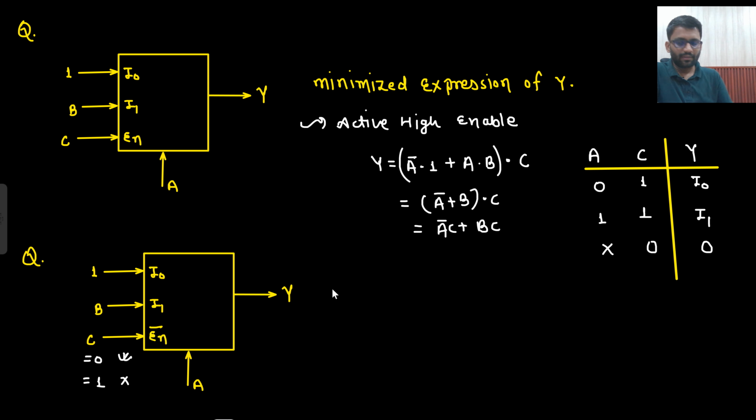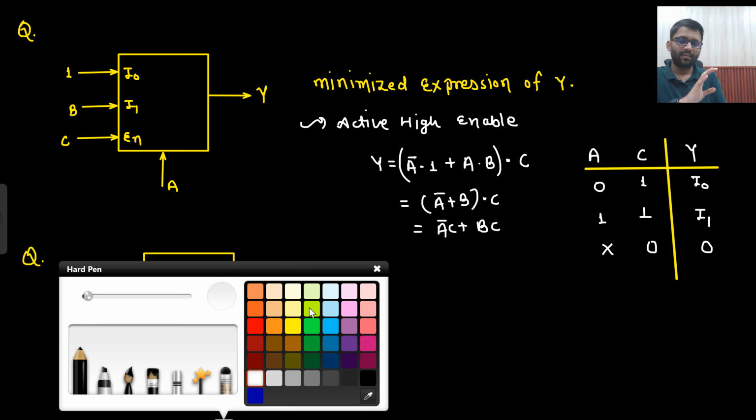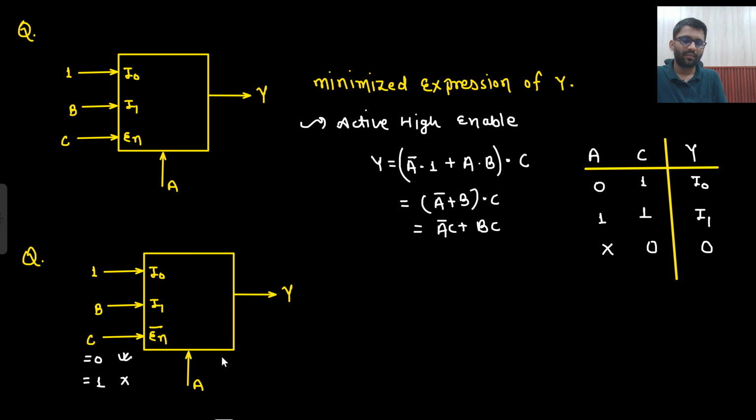We will see this symbol, or they could have written a bubble here, or they could have only put a bubble. Mostly this will be written. There is a very high chance that this will be written. They can put a bubble here as well. That bubble is there and EN is there, or they can only frame the EN bar and no bubble.